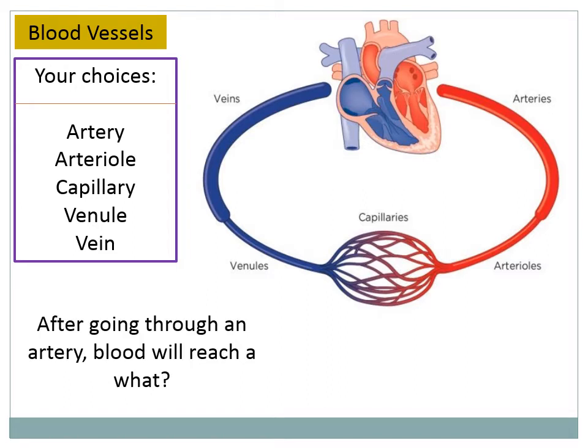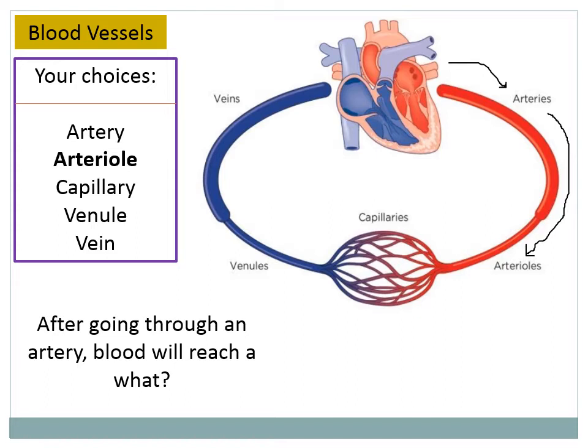After going through an artery, what does blood reach? So if you follow this along, we go from the heart to an artery, and then our arteries lead to these things called arterioles. So we're going to go to an arteriole after an artery.